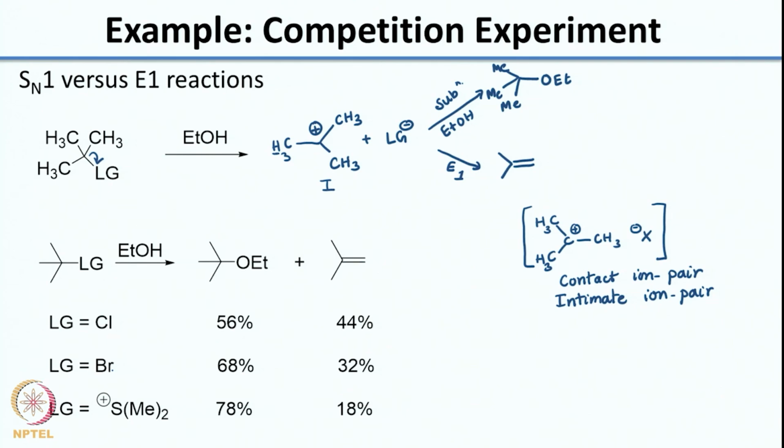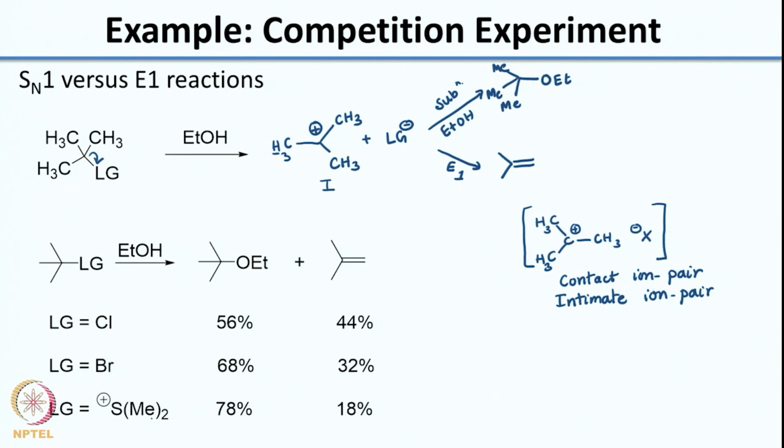That is because it still exists as this ion pair. Now as you can see, Cl would probably form a better ion pair as compared to Br because it is more electronegative. So what you can see is the competition is more in the case of Cl. In Br you have a larger extent of substitution as compared to elimination.